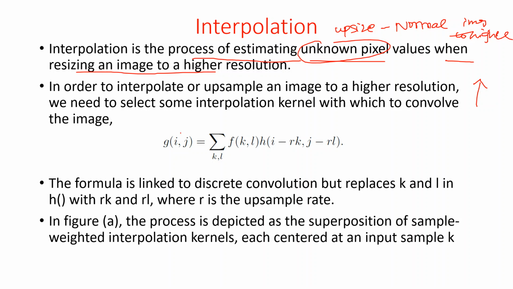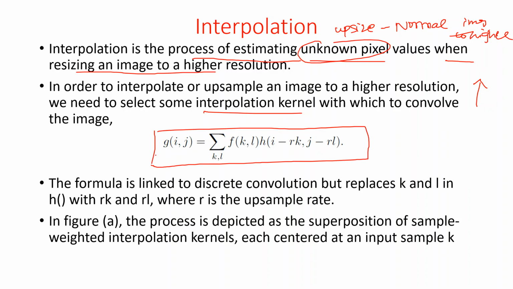So we have the interpolation kernel. The formula is mentioned here: g of i, j equals the summation over k, l of f of k, l times h of i minus rk, j minus rl. Here f of k, l represents the original image pixel. If an image is a collection of pixels, each original image pixel is represented as k, l, and g of i, j represents the upsampled one.